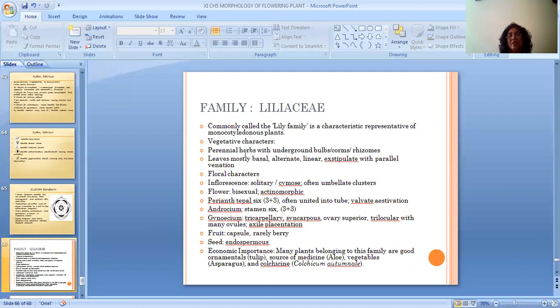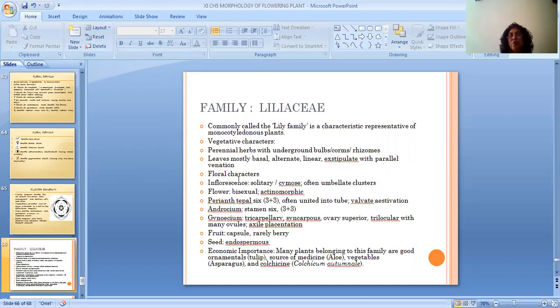Talking about the vegetative characters, it is a perennial herb with an underground bulb, corm or rhizome. Leaves are mostly basal, alternate, linear, exstipulate with parallel venation.